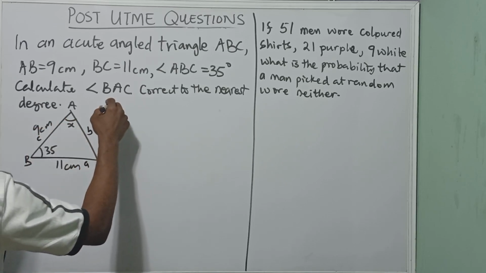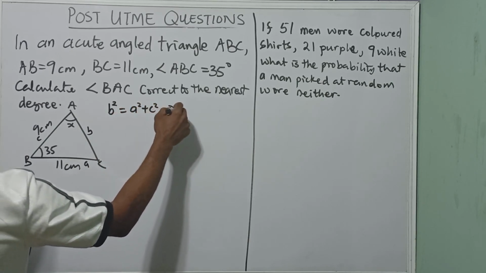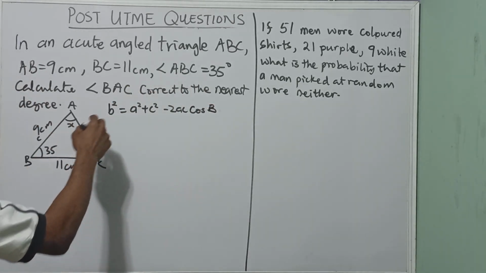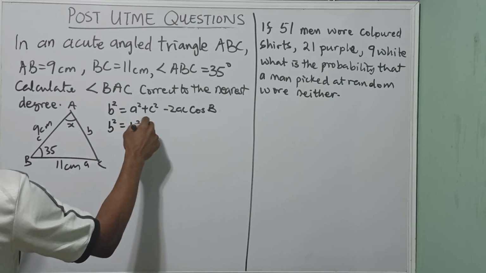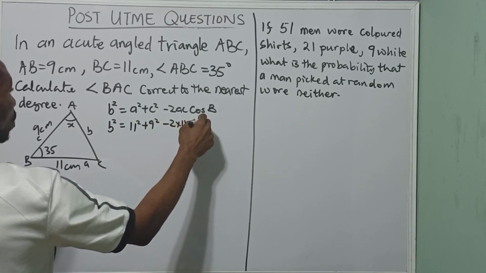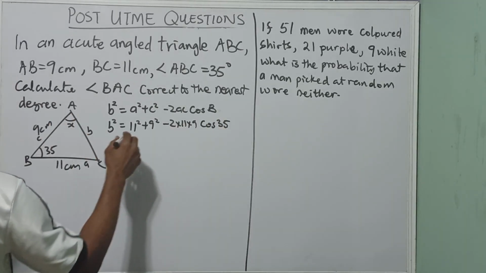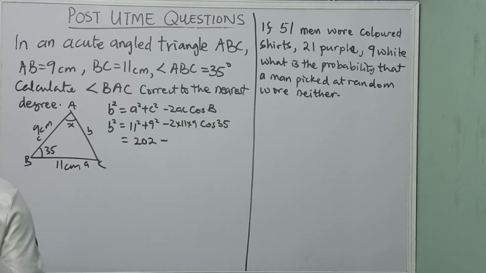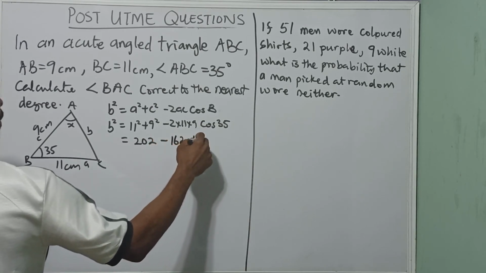And we know that our cosine rule states that b squared equals a squared plus c squared minus 2ac cos B. Where b squared equals a squared, which is 11 squared, plus 9 squared minus 2 times 11 times 9 cos 35. This would give us 202 when added up, and when we multiply this out, we would have it as 162.19.